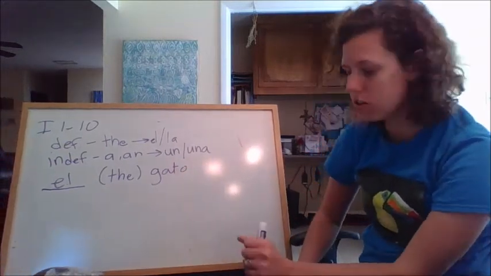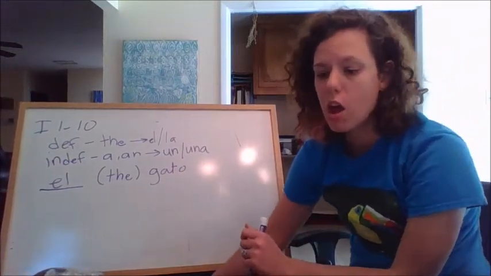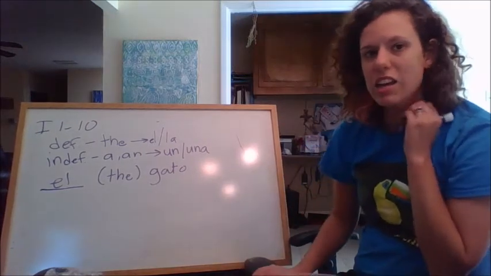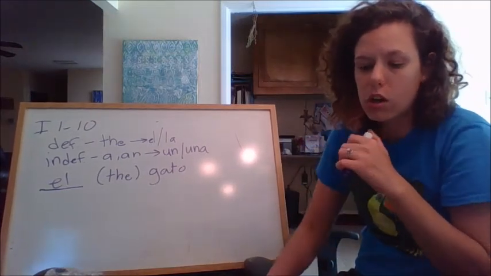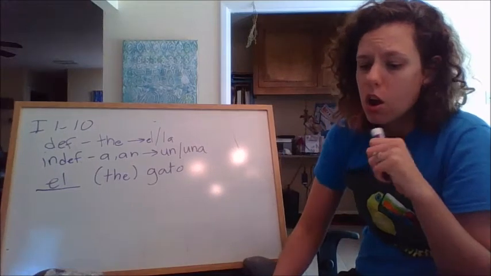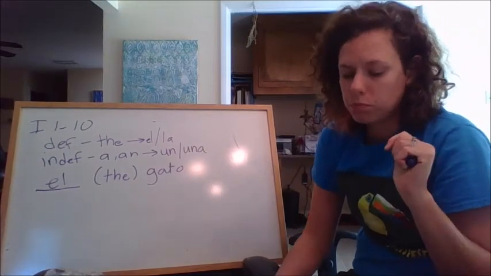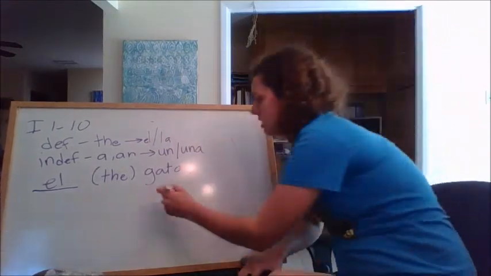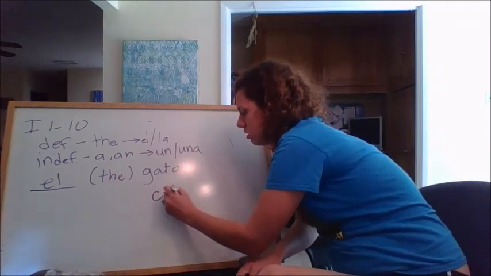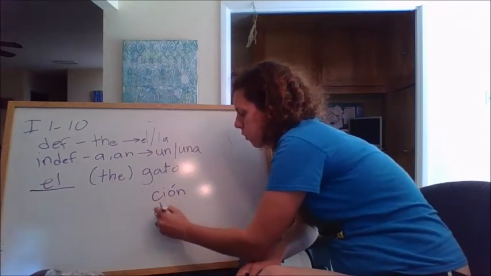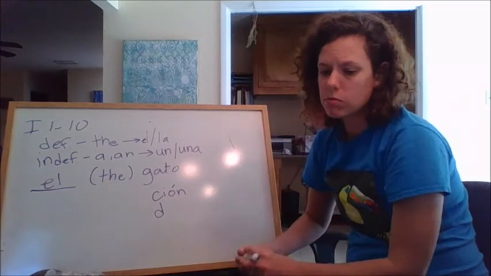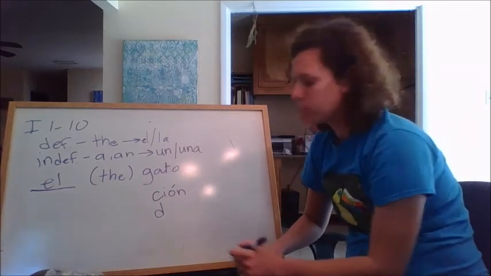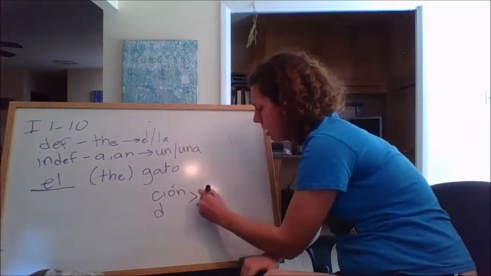The only thing that I think you guys might get tripped up on are words that end in E or consonants. Okay? Remember that if a word ends in sion or D, those are feminine.